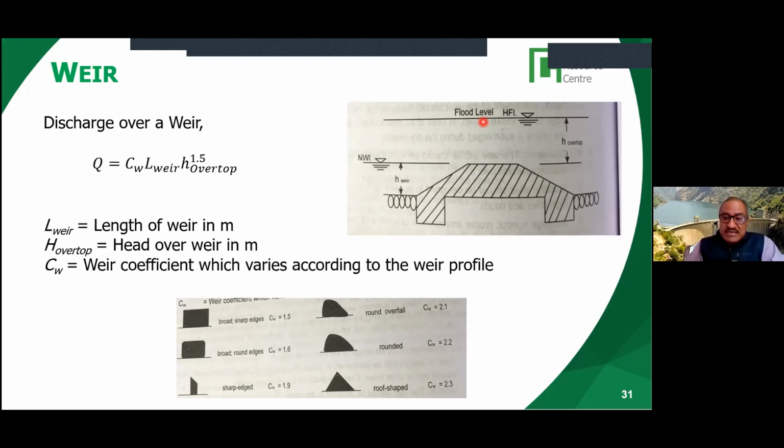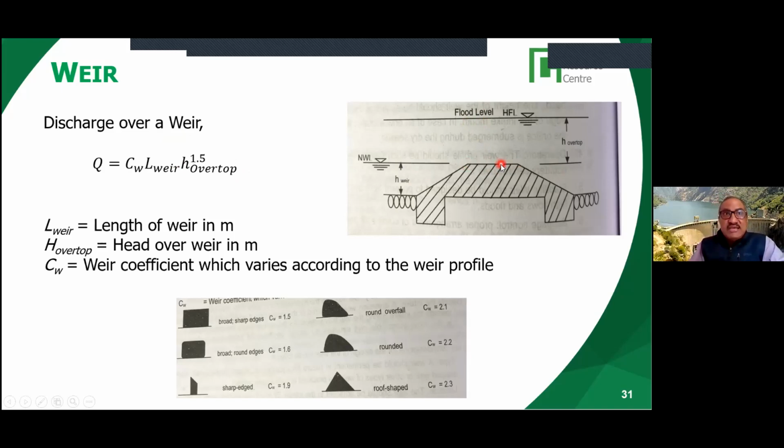So your Q is 10 cubic meter per second, and you want to know H over top, which is the height of the water above the crest level.